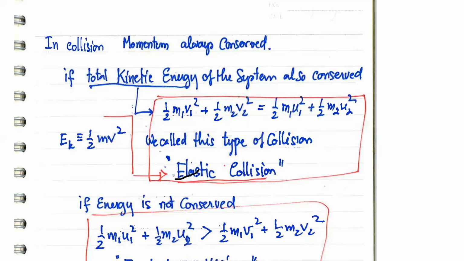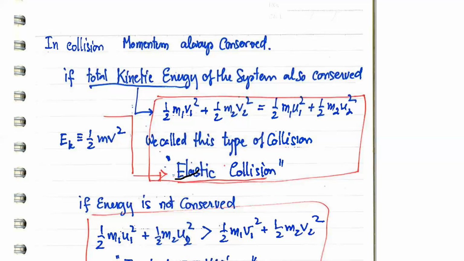The initial energy and the final energy must be equal, and we call this type of collision an elastic collision. Elastic collision is a collision in which both momentum and energy are conserved.